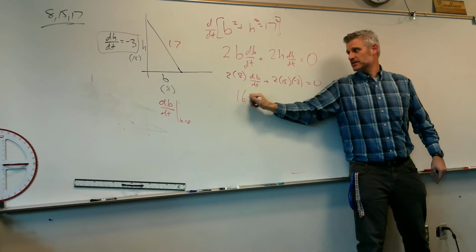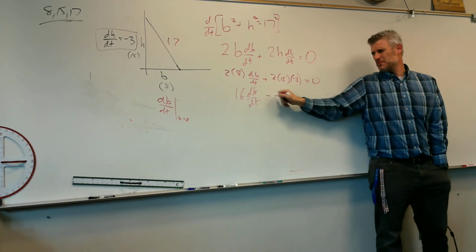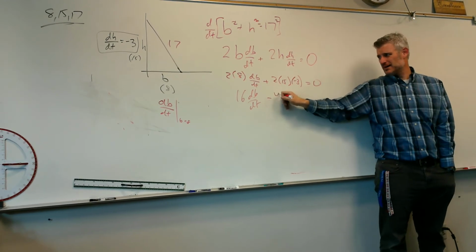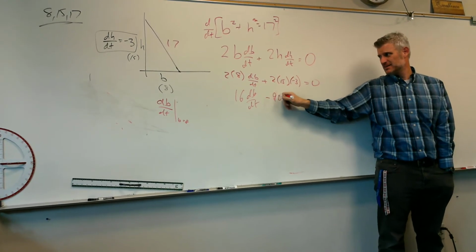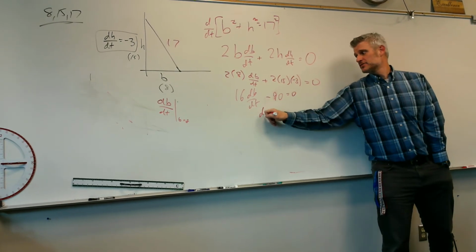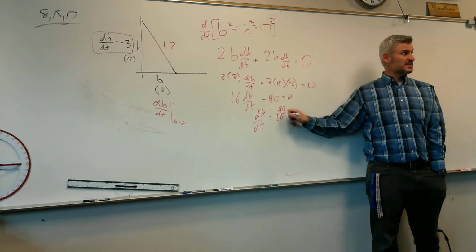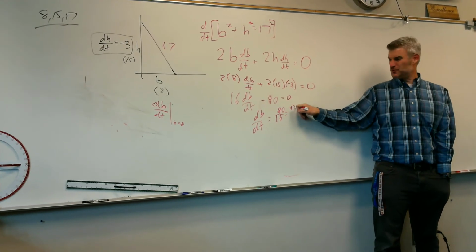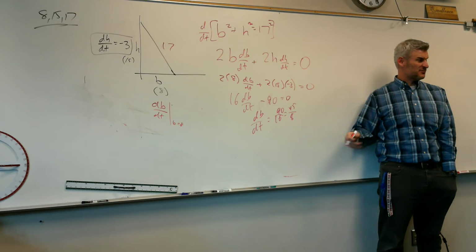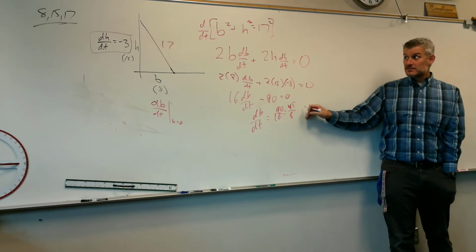So I've got 16 dB/dt, minus 90. So it looks like dB/dt is 90 sixteenths, which is 45 eighths.